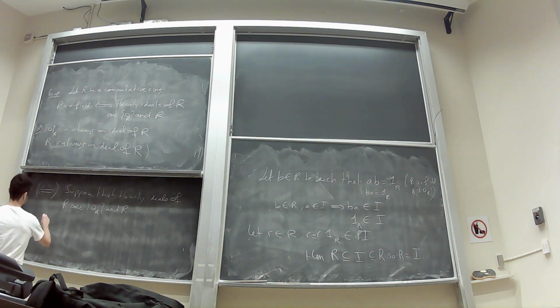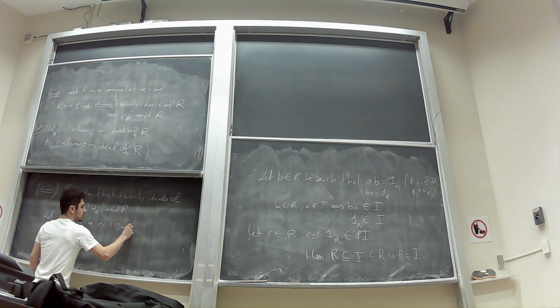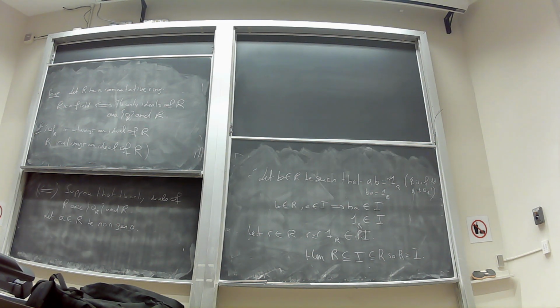Let A in R be non-zero. Now, how can I construct a subgroup of R that is an ideal that contains A?